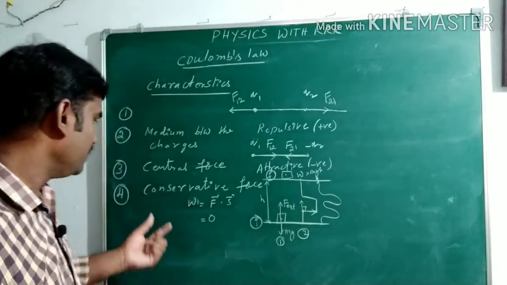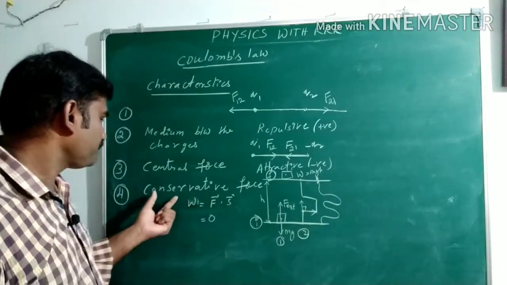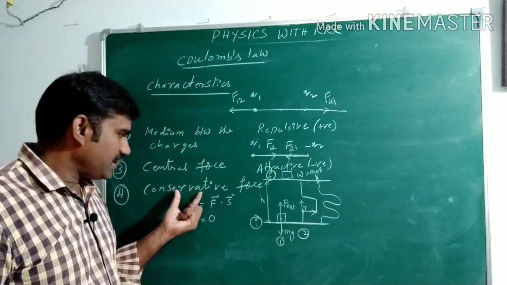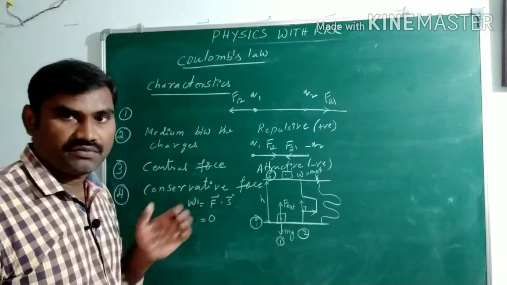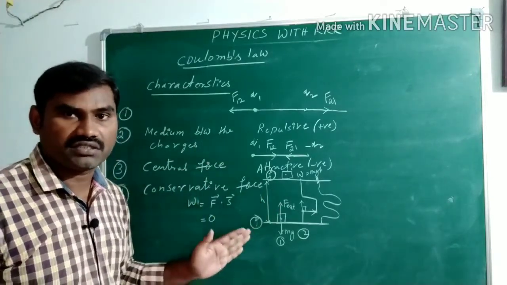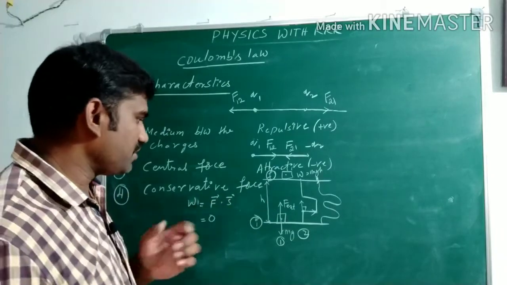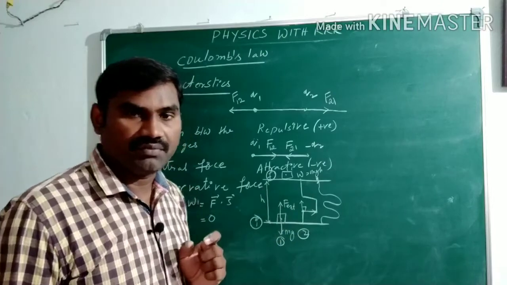That is the meaning of a conservative force. Mechanical force, conservative force, electrostatic force, normal force, these are all called conservative forces, whereas viscous force and frictional forces are called non-conservative forces. This conservative force explanation was there in the chapter of work energy power.